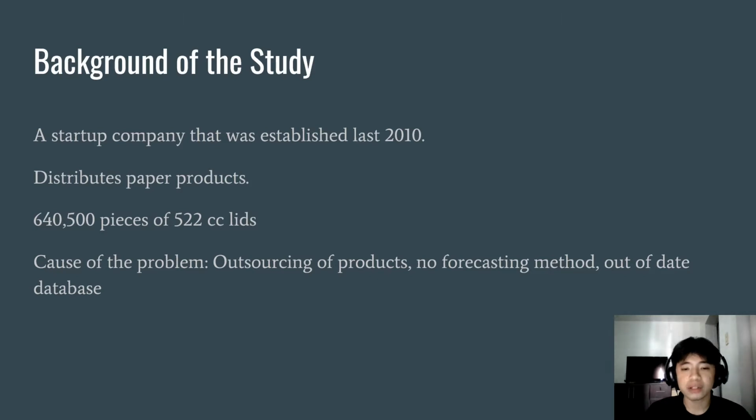No forecasting method is done to roughly calculate the demand per month. And 3. Inaccurate data of their demands due to their outdated MS Excel database. Therefore, the company set three objectives that should be the outcome of their desired goals once their problems are solved.